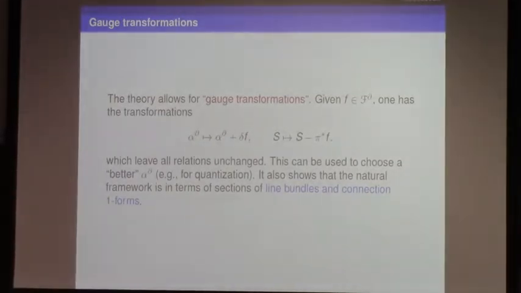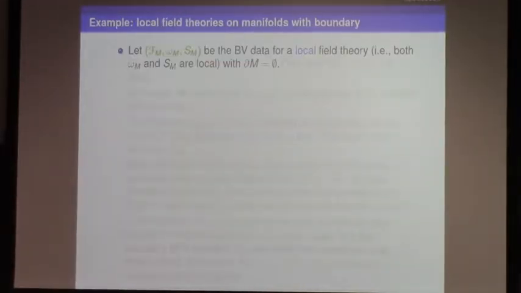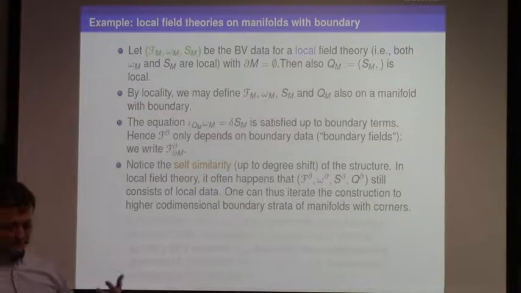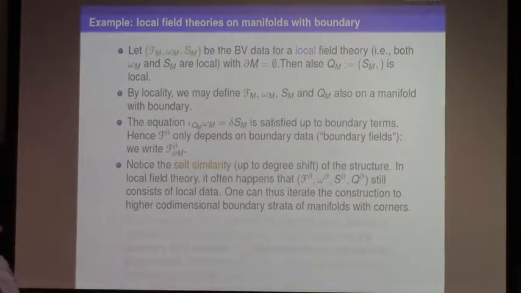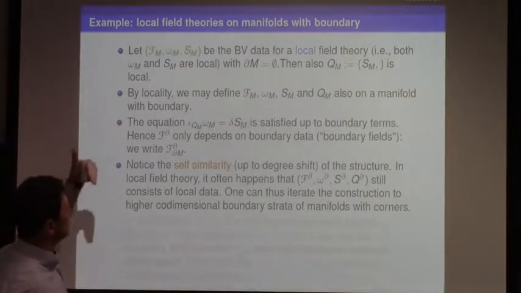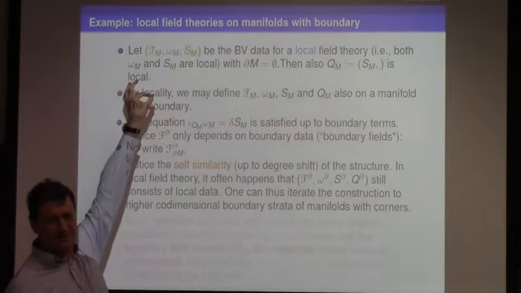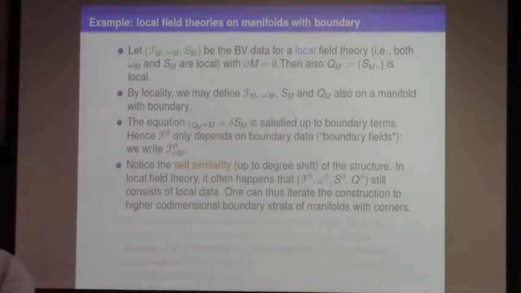Okay, and now let me rephrase what I explained yesterday. If you have a local field theory, then your BV data are the following. The dimension is fixed, but to a manifold M you associate a triple F, omega, S with index M, which satisfies the axioms.